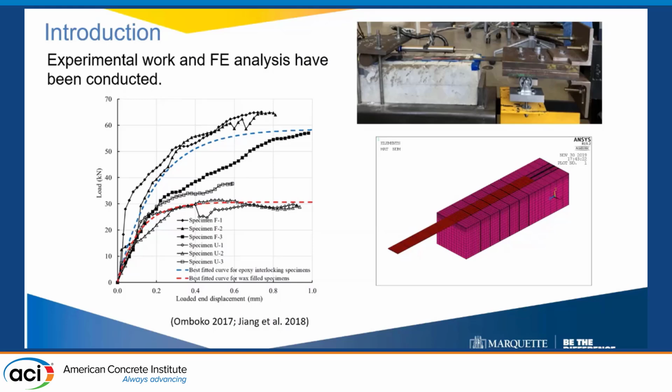It can actually double the bond strength. The mechanism of how the transverse groove improves the bond efficiency is that once the epoxy fills the groove, those epoxy ribs provide some kind of interlocking, and then improve the bond efficiency.